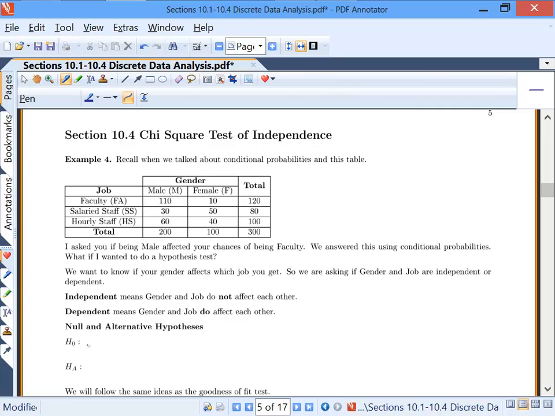So the null hypothesis is that gender and job are independent. So they don't affect each other.